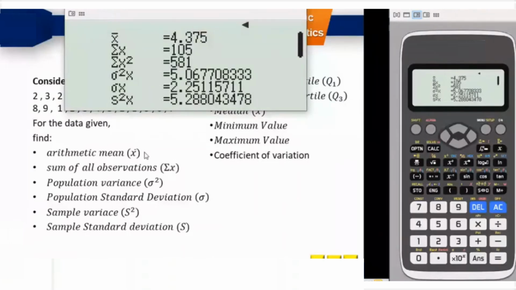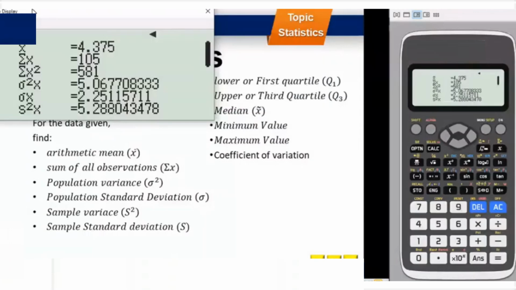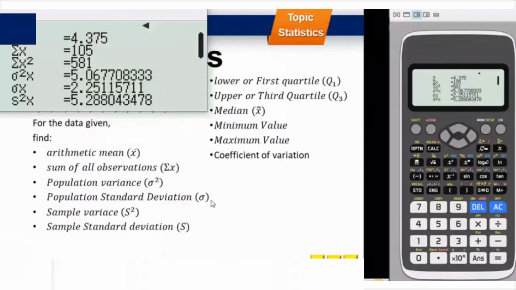The name of each symbol is also written on the PowerPoint slide that I'm showing to you, so that you know what each symbol means.